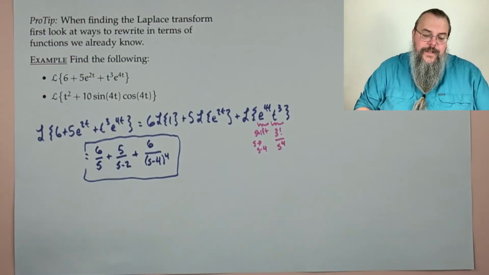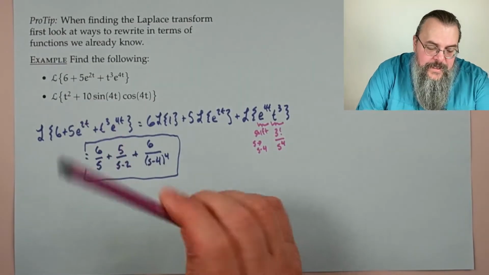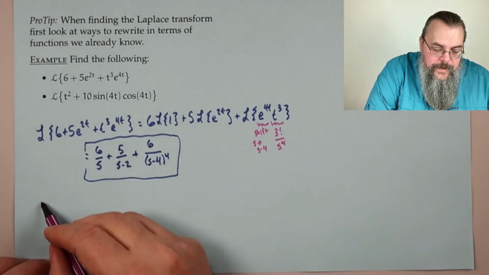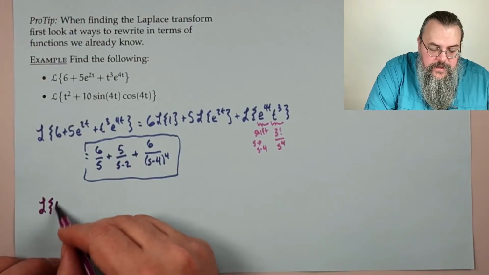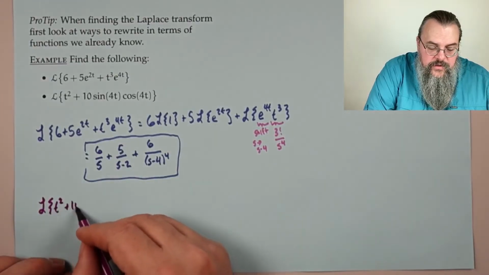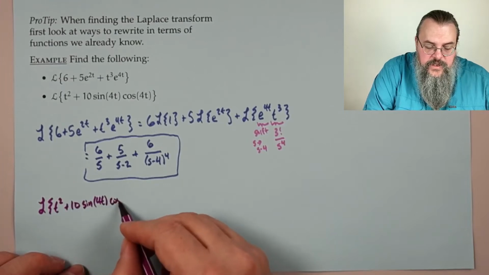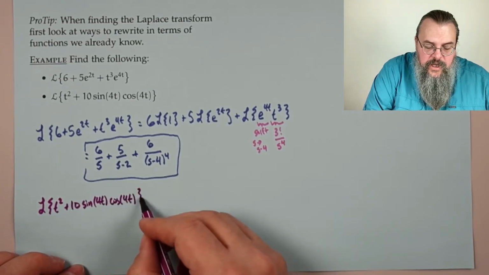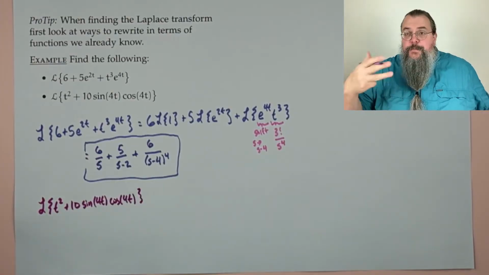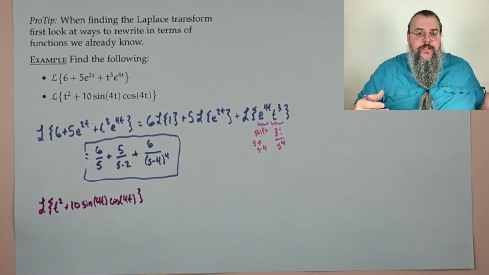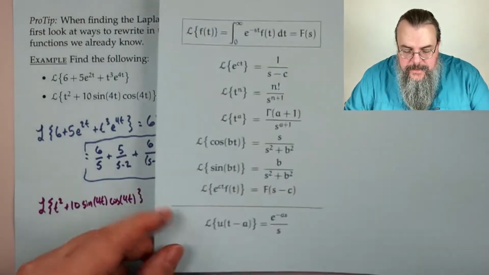All right. So, what do we have? Well, we have Laplace transform of t squared plus 10 sine of 4t cosine of 4t. Okay. Now, before we break up, let's just scan.